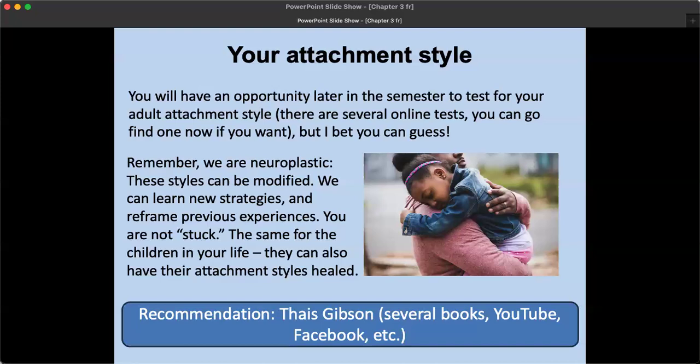So, here's another recommendation: Thais Gibson. She has lots of books. She has a YouTube channel, which is really helpful. I will say that it is very easy to let your unconscious bias take over when you look at Thais, because she is young and she is beautiful, and it is very easy to not take her seriously as a psychologist.